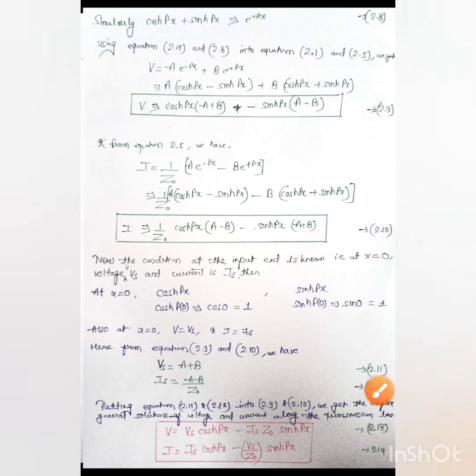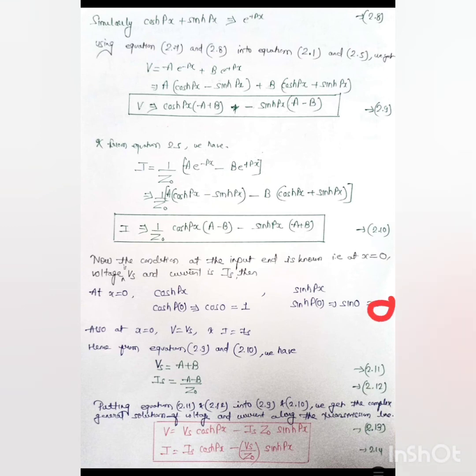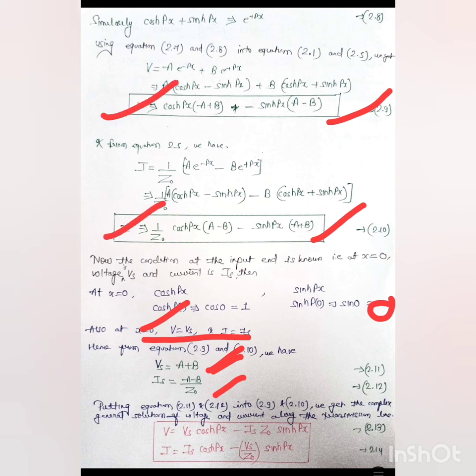As already discussed, with x equals 0, v equals Vs and I equals Is, putting this condition in the voltage and current equations we get Vs equals A plus B and Is equals (A minus B) upon Z0. We should put all these values in the voltage and current equations.